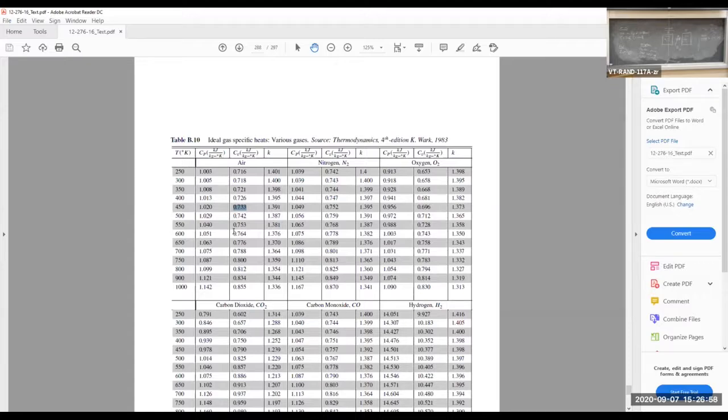And my temperature change is 600 minus 300, T2 minus T1, and that all has units of degrees Kelvin. Notice the Kelvins cancel out between the specific heat and the temperature change.